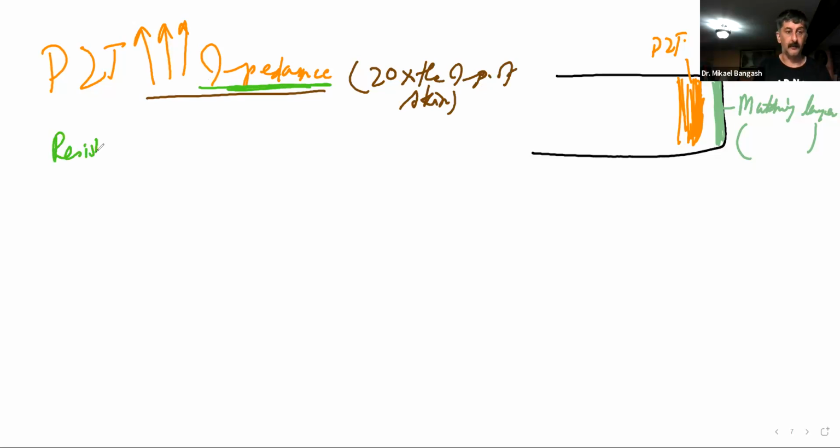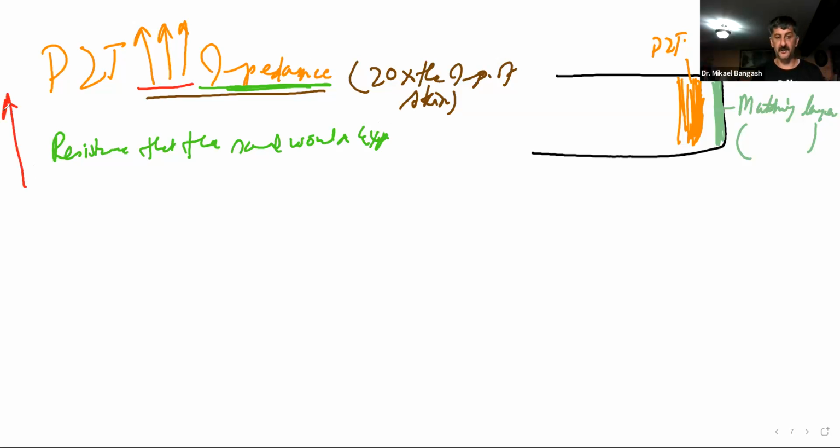It is the resistance that the sound would experience, which for your PZT would be a very, very high impedance, or great resistance. Did that make sense?